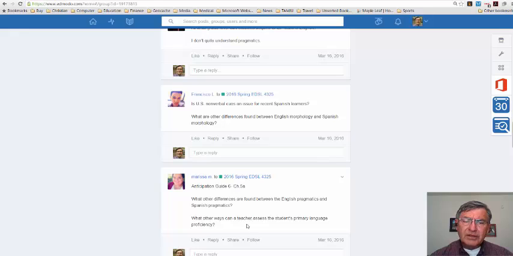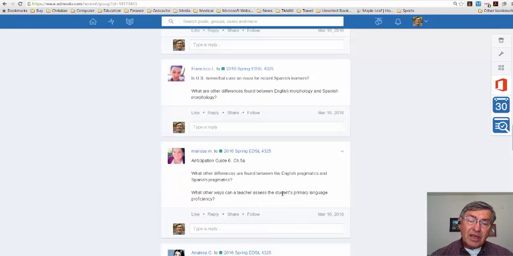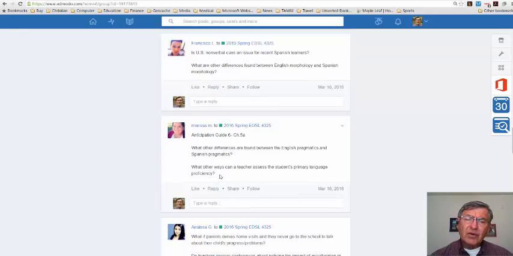And what other ways can a teacher assess the student's primary language proficiency? Well, they have it in the book, a little idea, but it's really hard to find. Generally you expect that they have decent language proficiency in the first language if they first come from another country. What's more important is what kind of education they had. Were they at a private school? Were they at an elite school? Were they homeschooled?